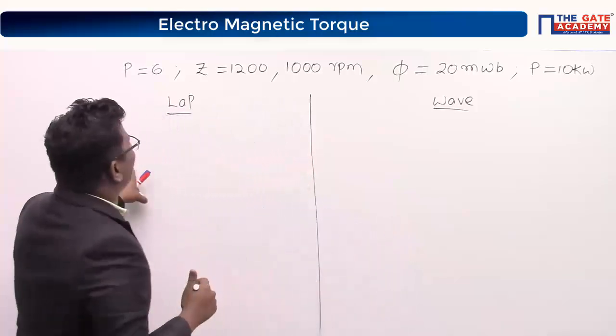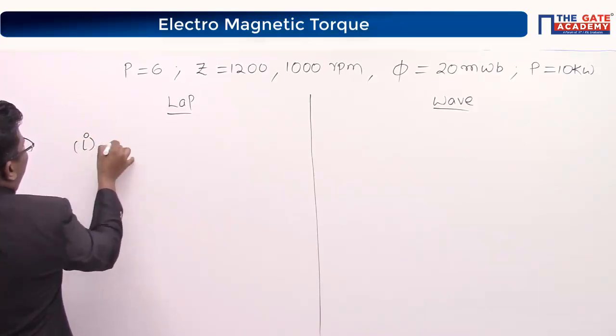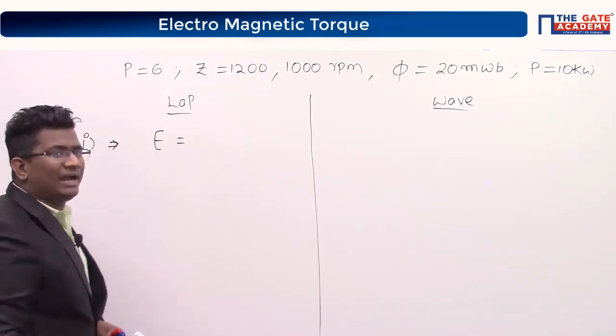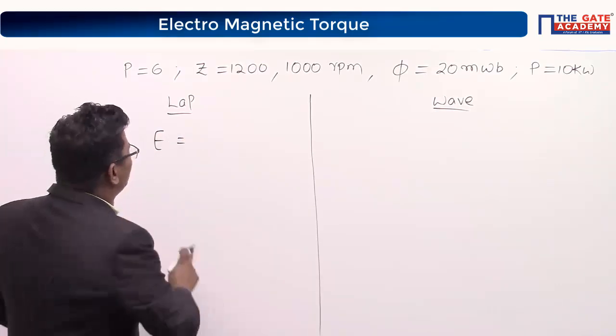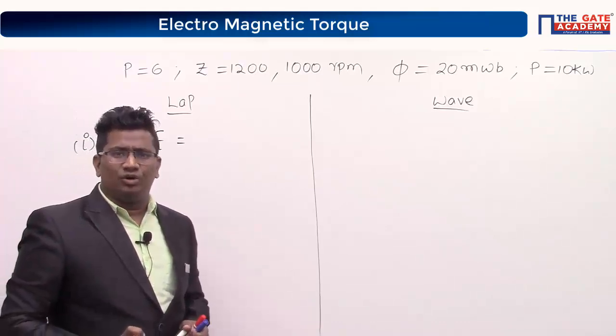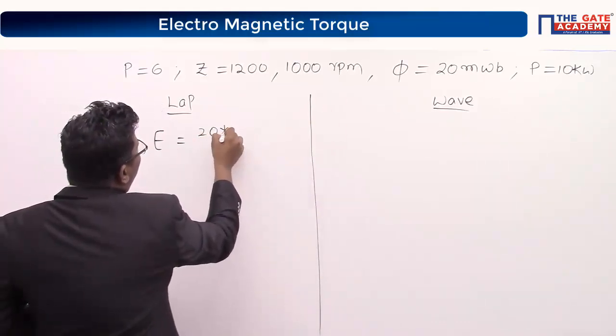Don't change. In lap winding, the first question is the magnitude of induced EMF. Tell me, the magnitude of induced EMF is equal to φZN by 60 into P by A. What is φ? 20 milli.